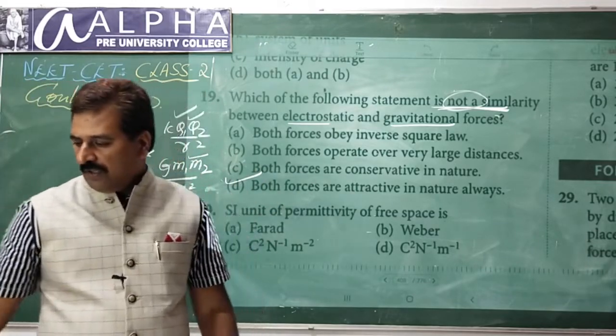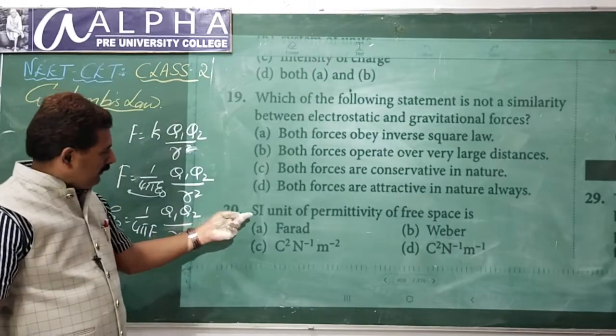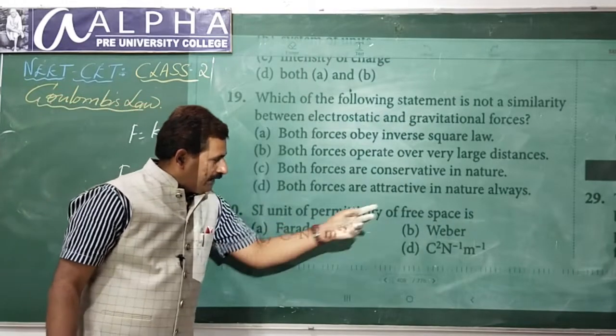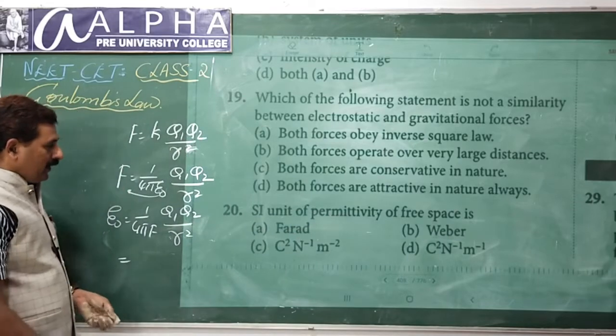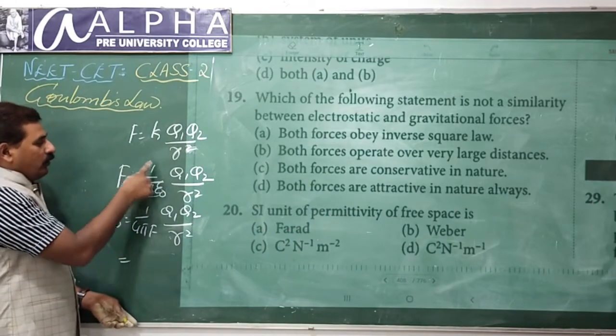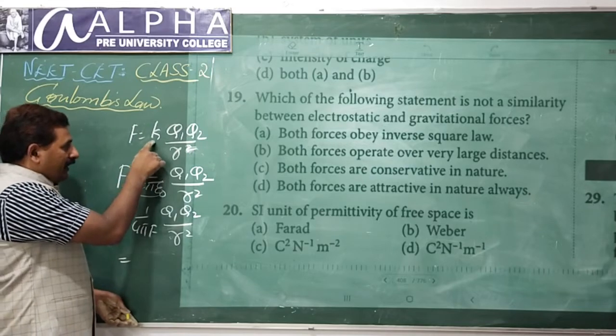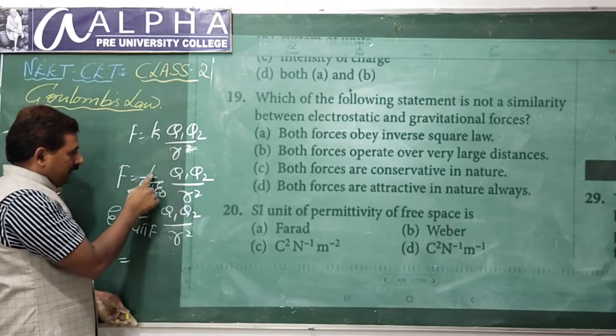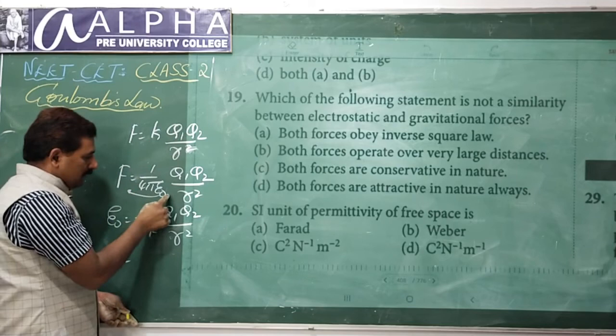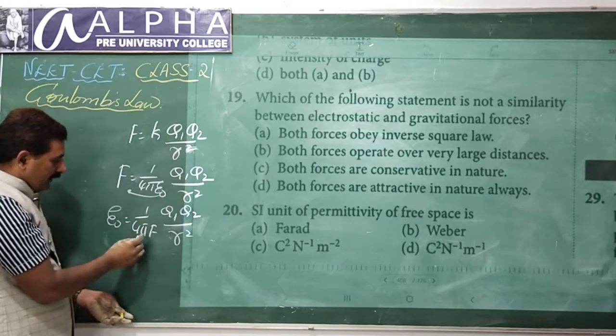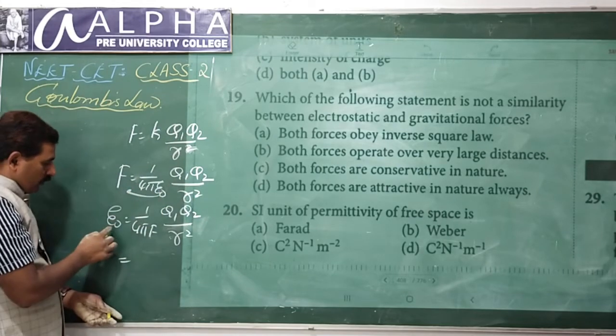Now we'll move on to the 20th problem. SI unit of permittivity of free space. You know the Coulomb expression? Where does it come? In the constant K, permittivity. F equals K Q1 Q2 by R square, where K is 1 over 4 pi epsilon 0. You cross multiplied epsilon 0 here.